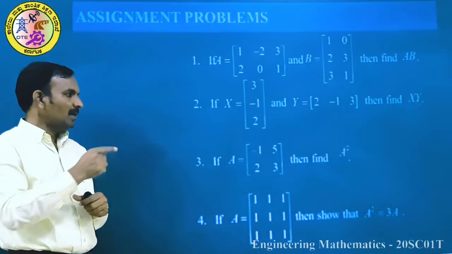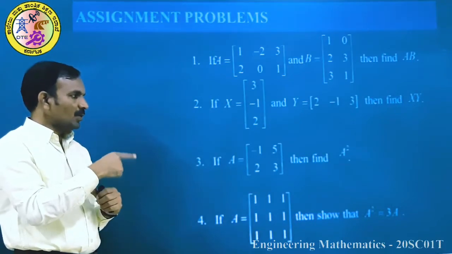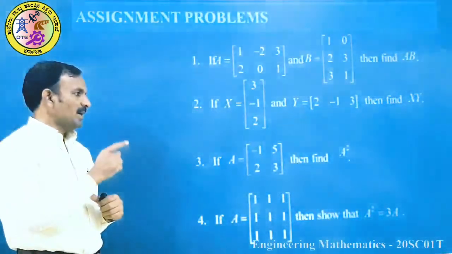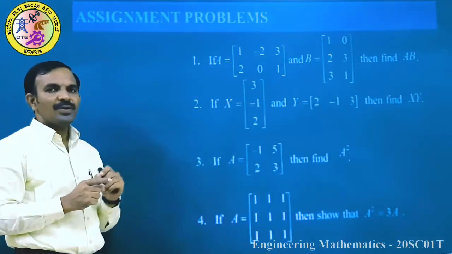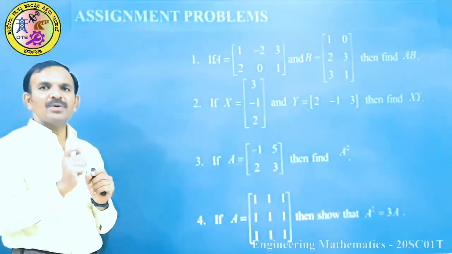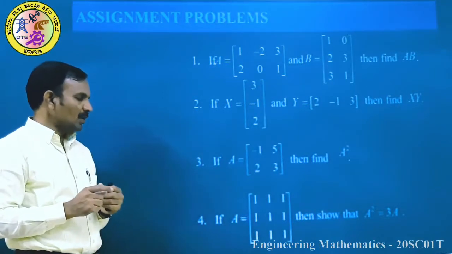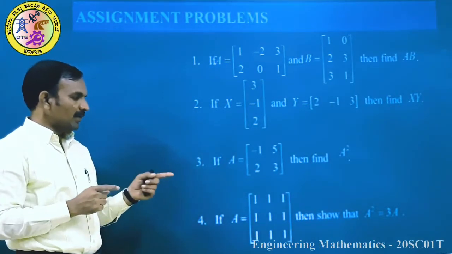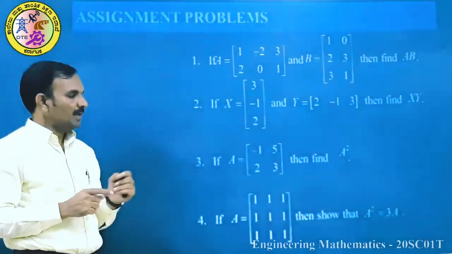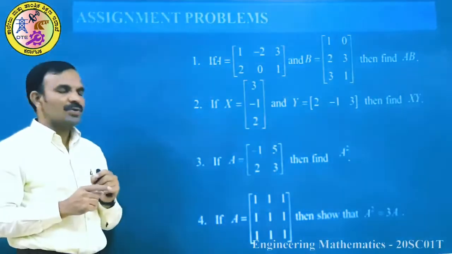Third example, if A is given, then find A square. A is given, you have to find A square. How to find A square? A into A. Fourth example, if A equal to the 3 by 3 matrix of all ones, then show that A square equal to 3A.